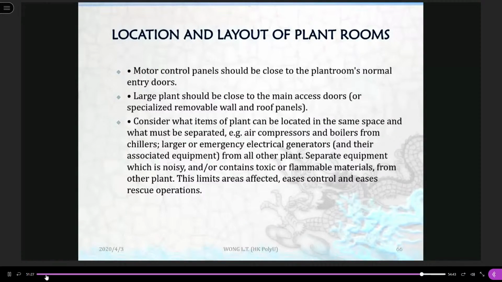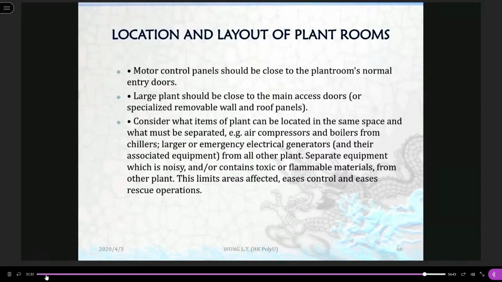Consider what items of plant can be located in the same space and what items must be separated, in order to plan your plant room. Here are some examples: the air compressor and boiler from the chiller must be separated, because the boiler is heating and the chiller produces cooling. It's not energy efficient.